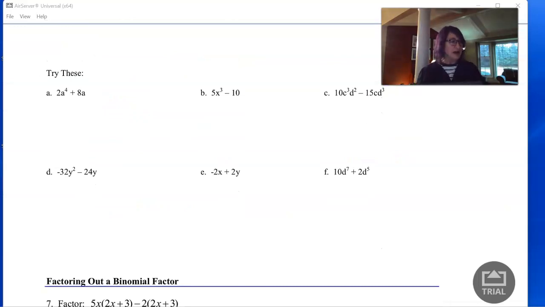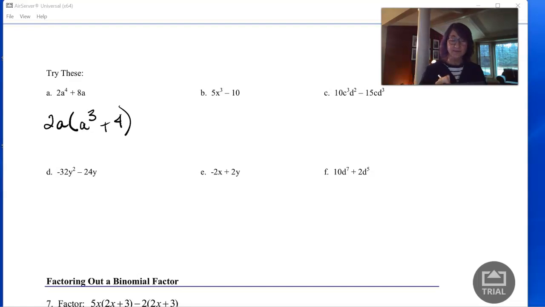All right, you try these rather quickly, and I am going to go ahead and write in the answers for you. You can pause, try them, and then play. For this first one, you should have gotten 2a times a cubed plus 4.